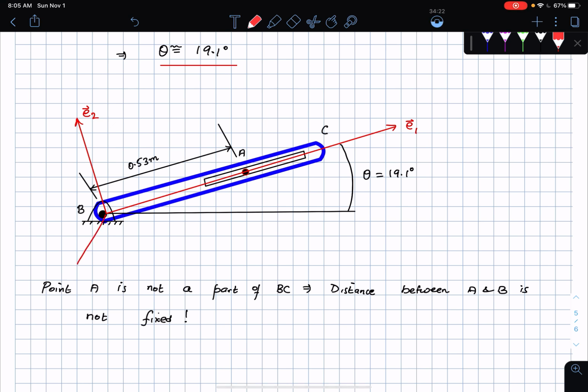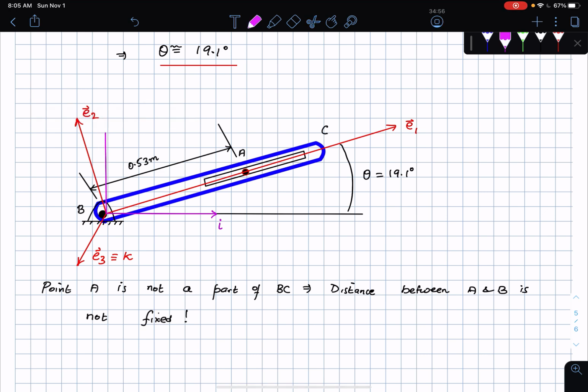So E3 is coming out of the page, which is going to be the same as K. So this is my coordinate frame, and I also obviously know that this here, which is hopefully a straight line, is going to be the I direction and then the J direction. So I can pin the I and the J directions along with that. If necessary, I can write this as the I direction, and then I have the J direction written down here.